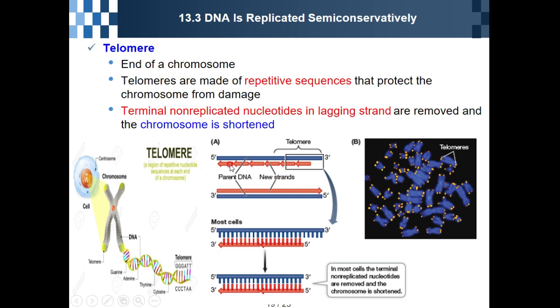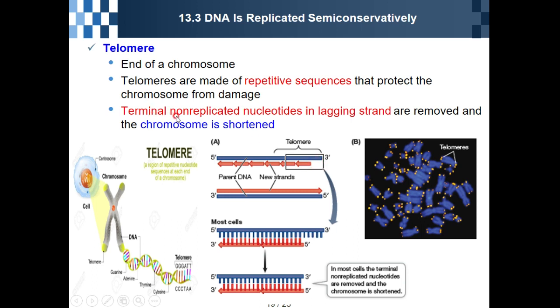So at the end, for example, after DNA replication happens in the leading strand, and this is the lagging strand, they make the Okazaki fragments like this. But at the end of the lagging strand, there will be an RNA primer.